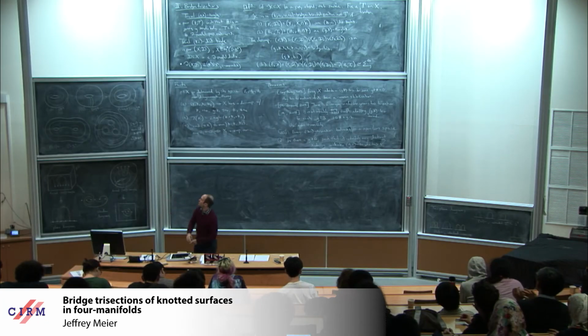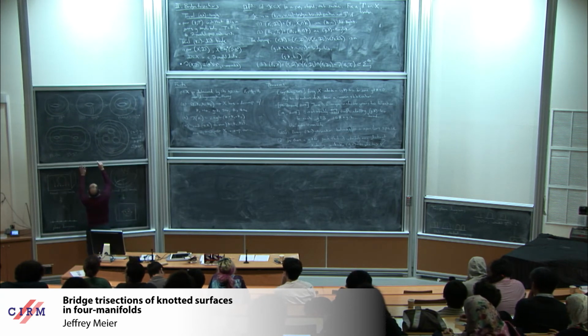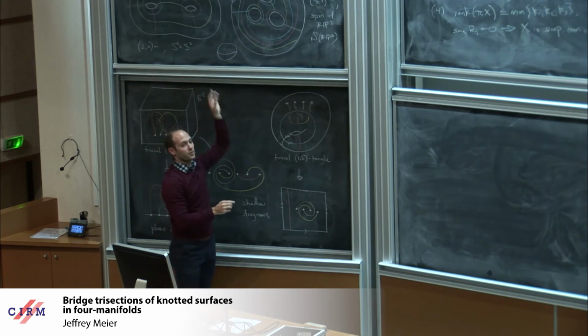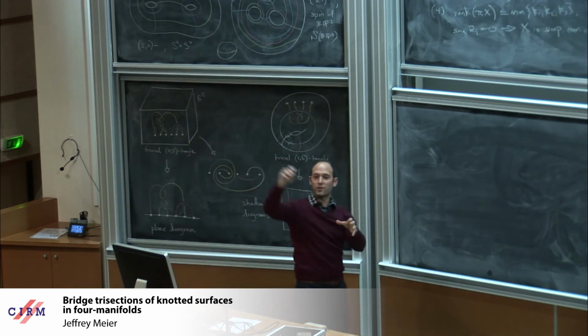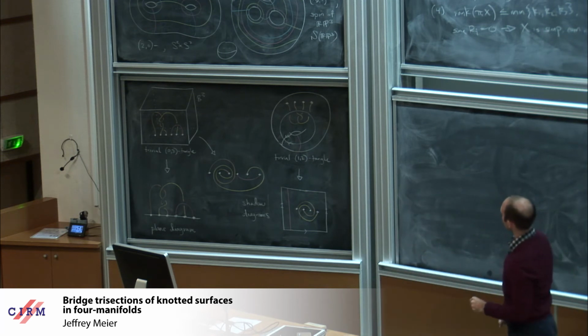I didn't draw a picture of the genus 0 trisection of S4, but it just looks like that. You have the unknotted sphere in S4 bounding three balls, and they sweep through the four-ball regions. Actually, I should draw the schematic here.